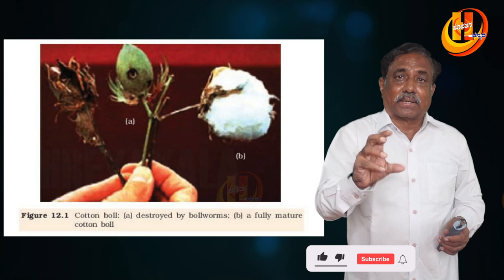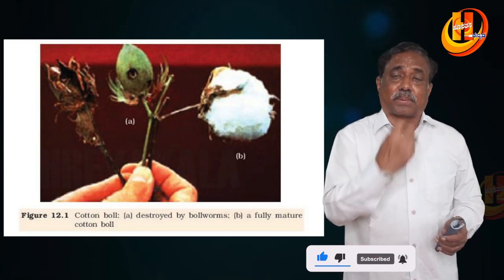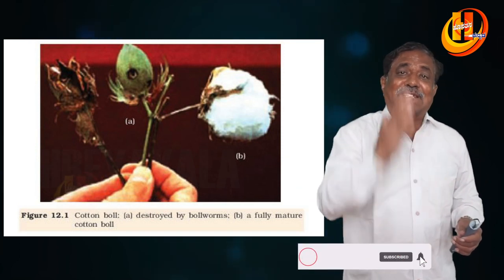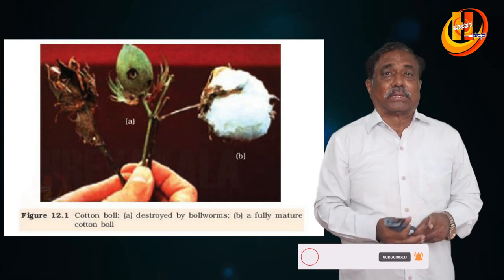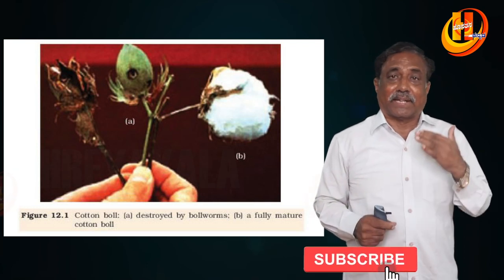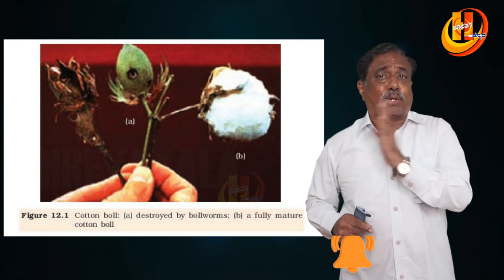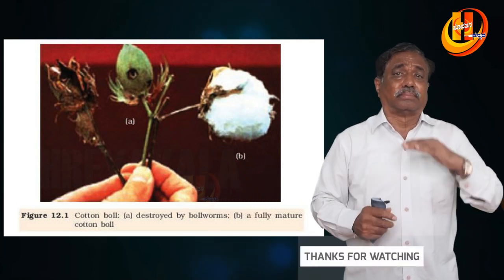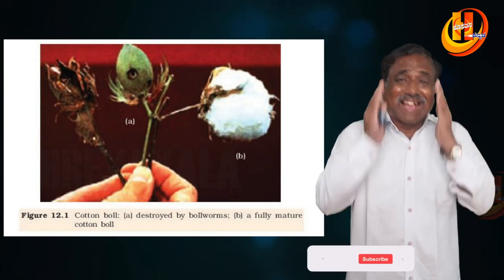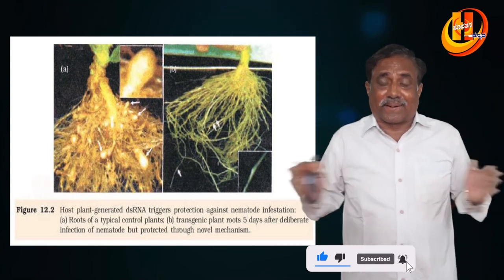These toxic substances bind to the epithelial tissues and make perforations in the gut of the insects. Such insects will not survive; eventually they die. Especially Cry1AC and Cry2AB are used against bollworms, and Cry1AB against corn borers.